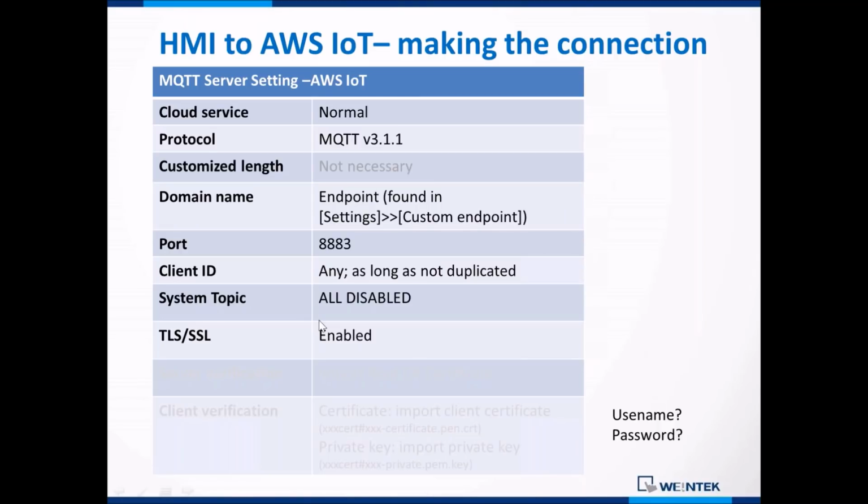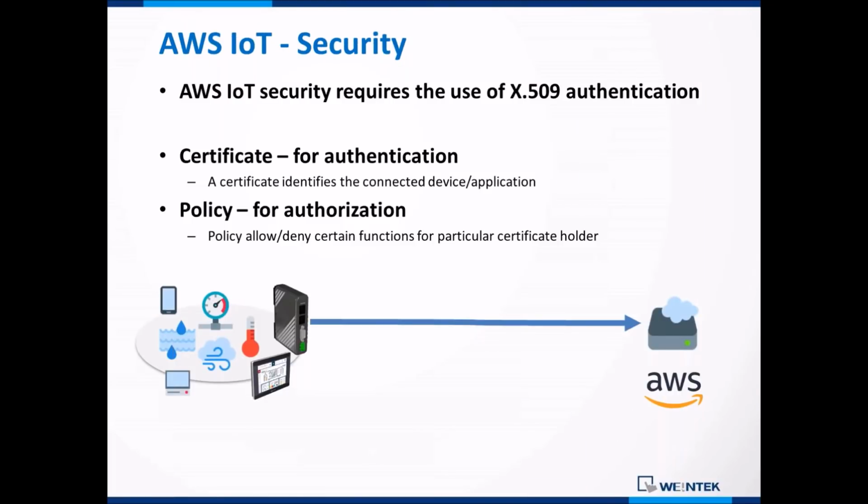And you'll realize that there is no username and password here. It's because AWS IoT uses a different kind of security than the others. It uses the X509 authentication method, so it uses a certificate for authentication.